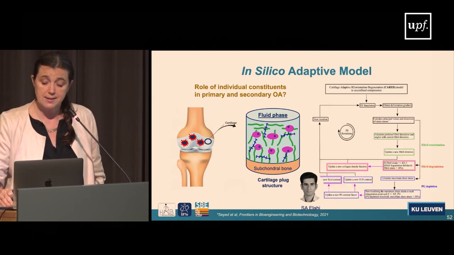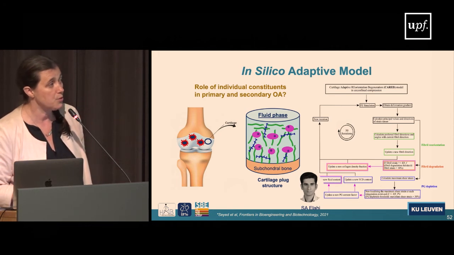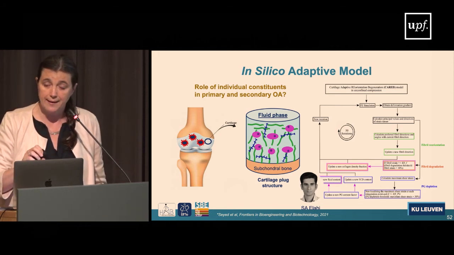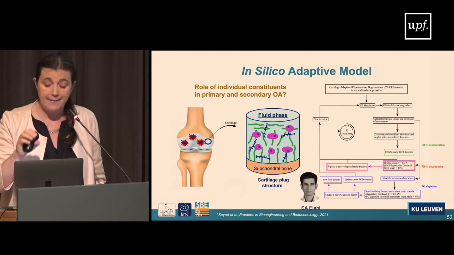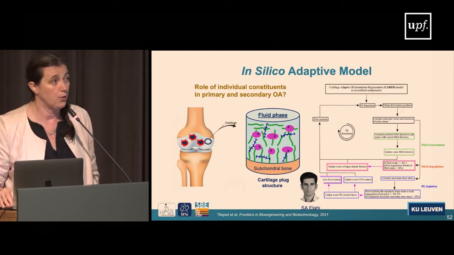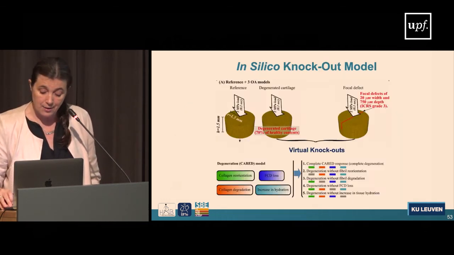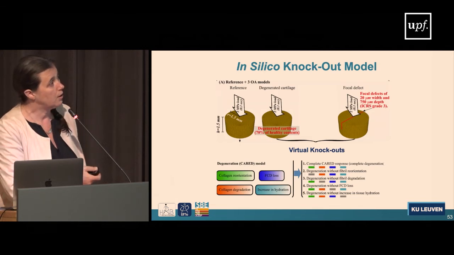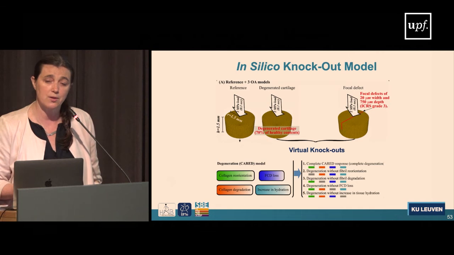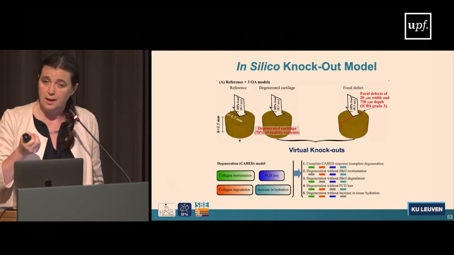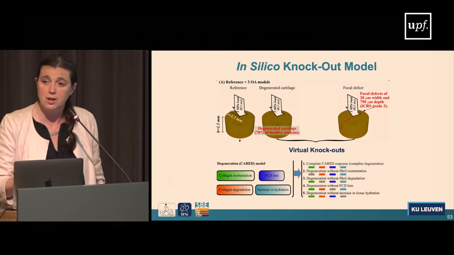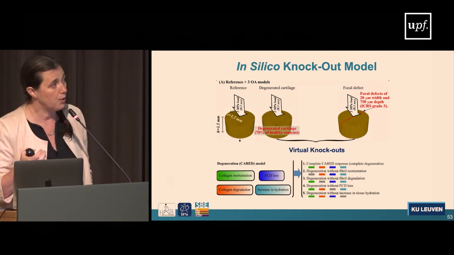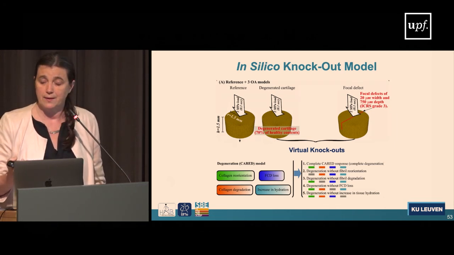It's very difficult in experiments to just manipulate one of these components. So we decided that we would use an in silico approach in order to selectively take out one of these degrading mechanisms and then look at the effect on the degeneration. And we did this for cartilage that was affected by osteoarthritis, where the constitution was already changed, where we had less proteoglycans and less collagen, and we did it for a focal defect in the cartilage.